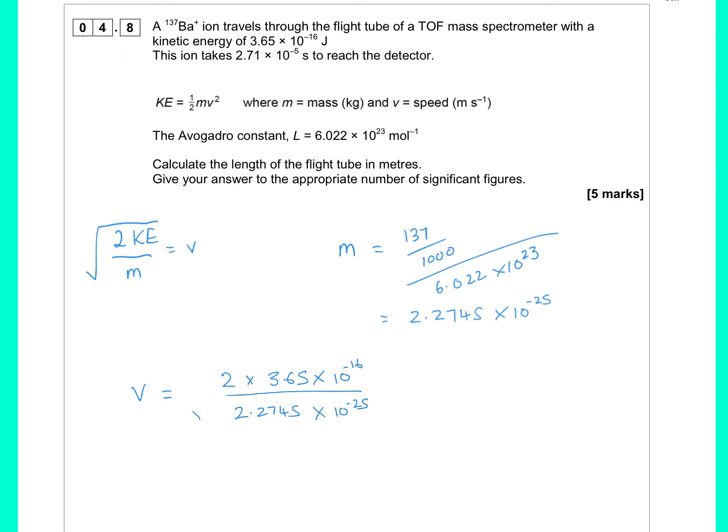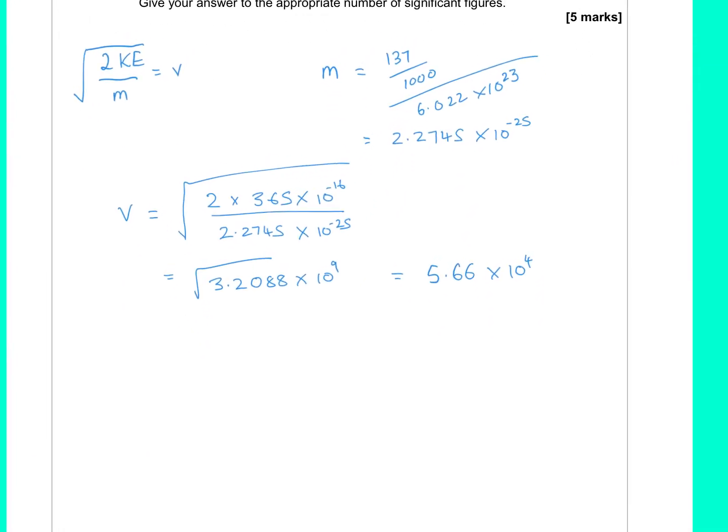And we're going to need to work out the square root of this. So we end up with a velocity of 5.66 times 10 to the 4. So quite a fast velocity for these particles.